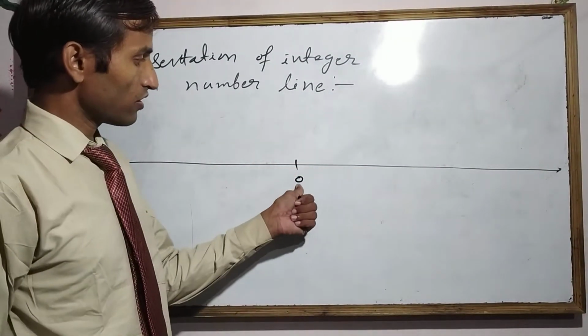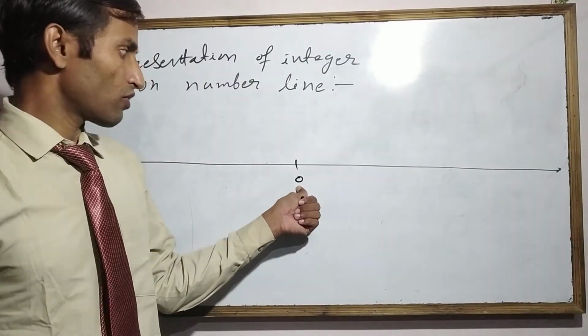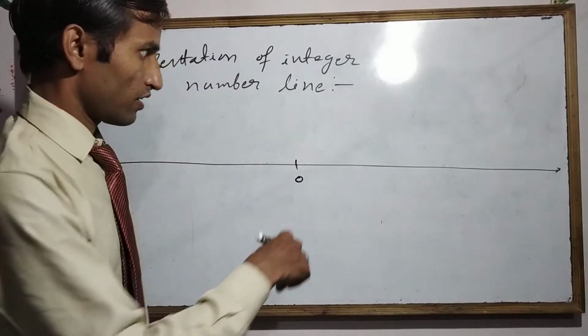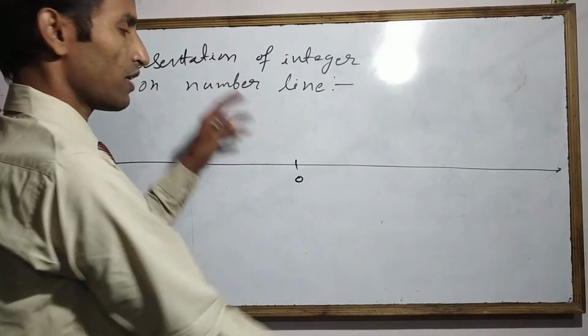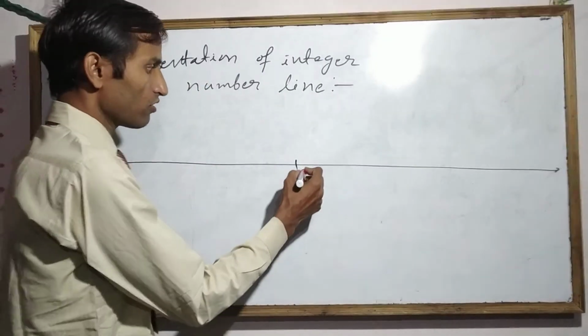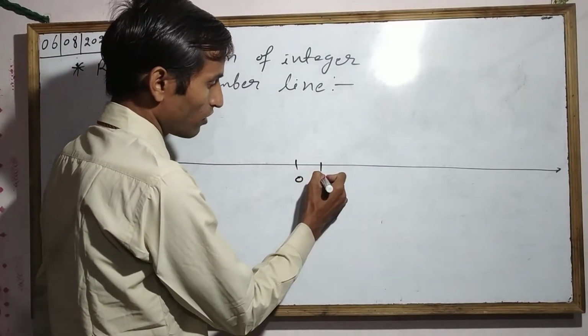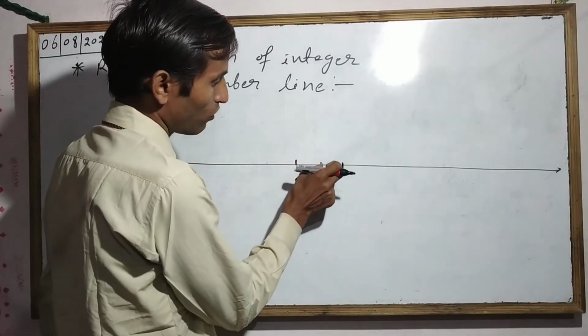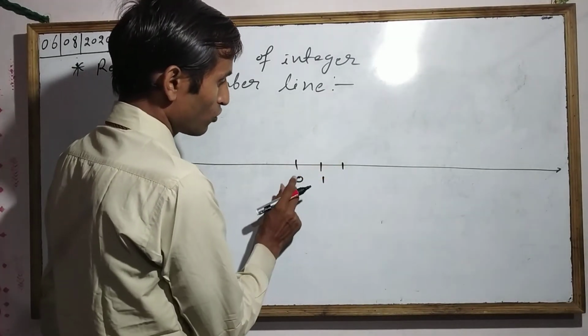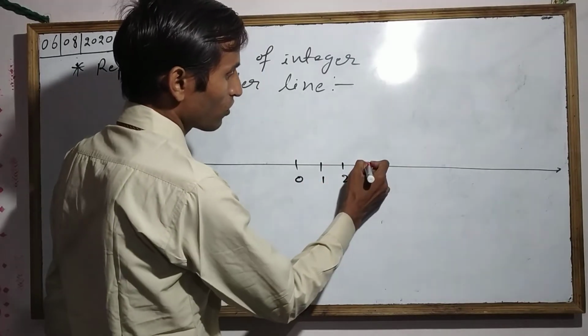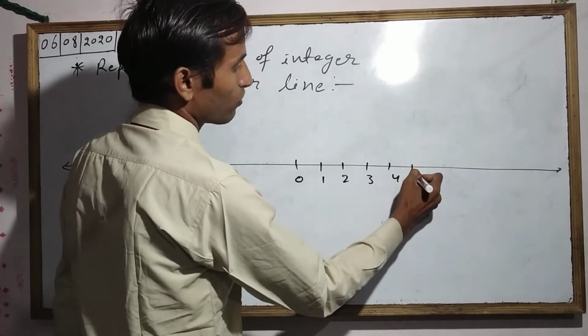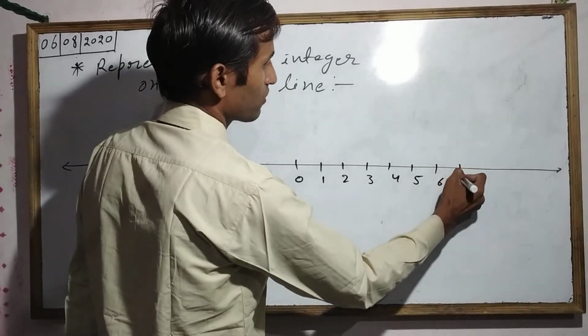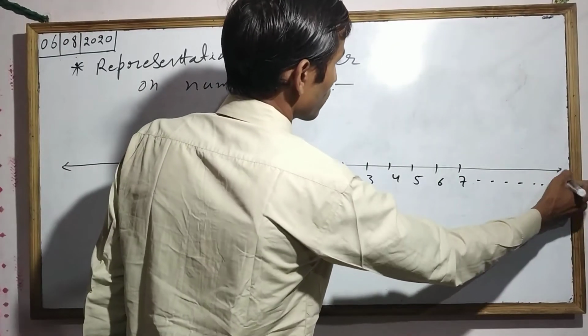This is the 0 value of integer, and the right side will be positive, the left side will be negative. Now just you see here, it will come 1, means equal units, all are equal length, 0 to 1 and 1 to 2, 3, 4, 5, 6, 7, and so on.